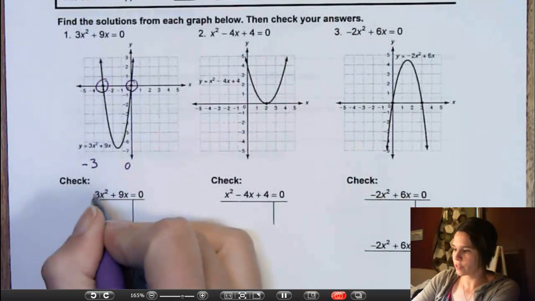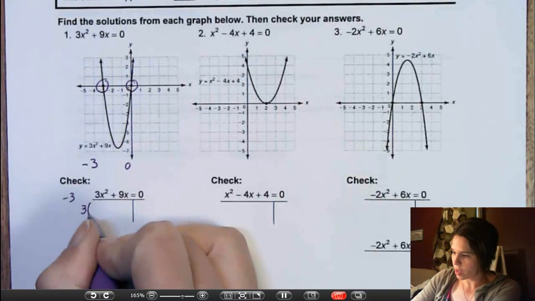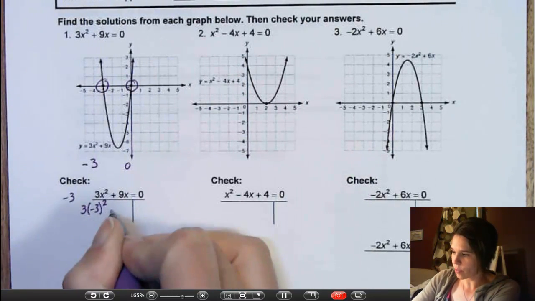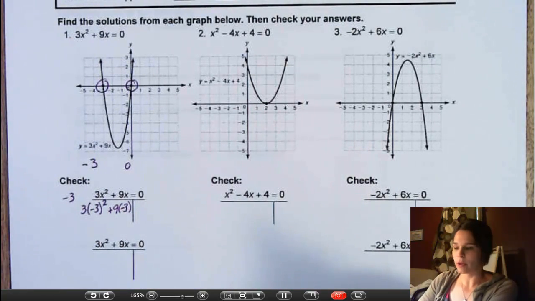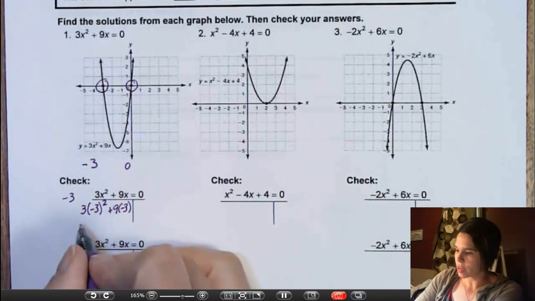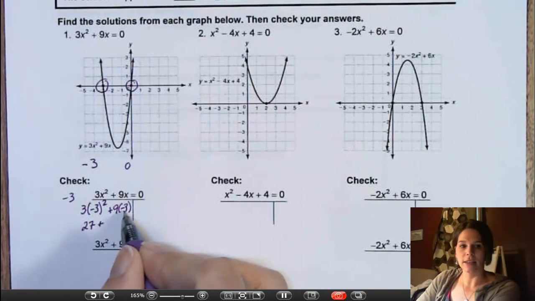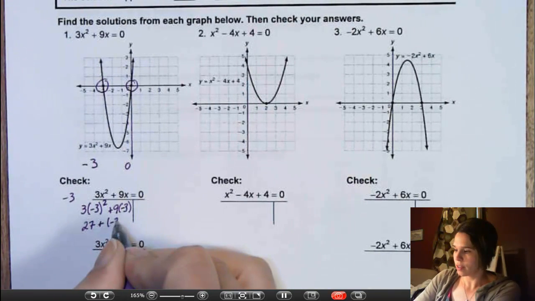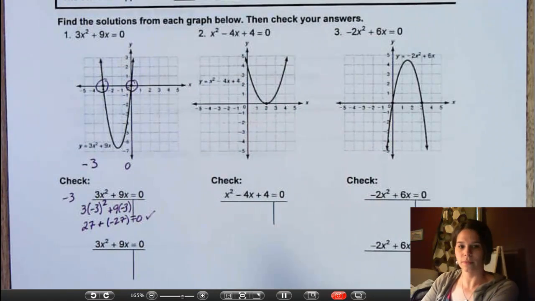Let's check. Let's first plug in -3. 3 times -3 squared plus 9 times -3. -3 squared is 9 times 3 is 27, plus 9 times -3 is -27. That really does equal 0.